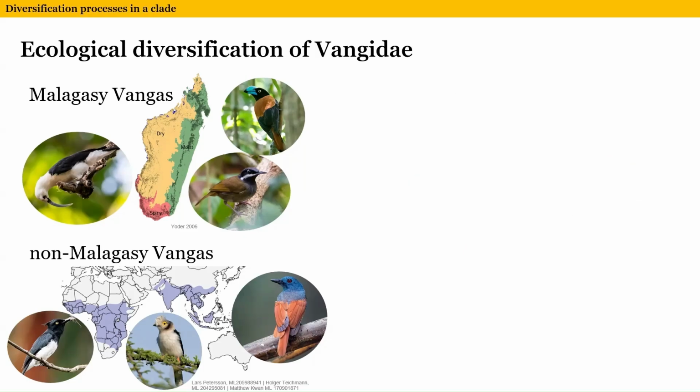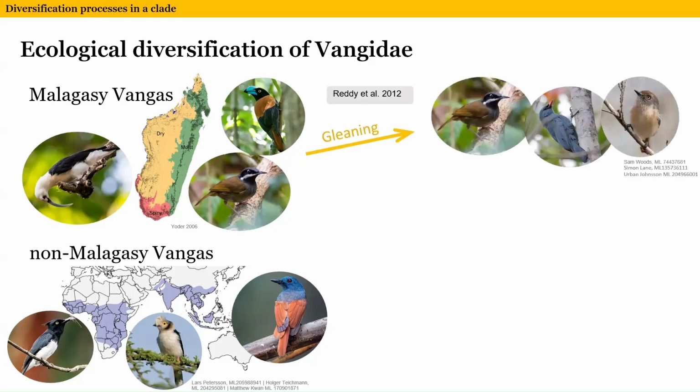The different ecological niches in Vangas are not so much in terms of what they eat as how they forage, where they find food. We know from some prior research that the ancestral Vanga, in addition to most of the non-Malagasy species, was a gleaner. Basically, that means they move through the habitat and pick food off of surfaces.